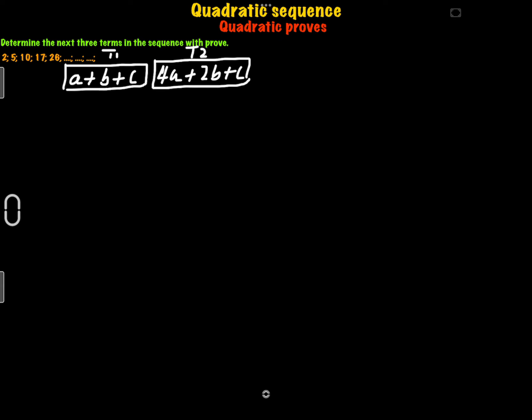We have the third term, 9A plus 3B plus C. That is our third term, or T3.